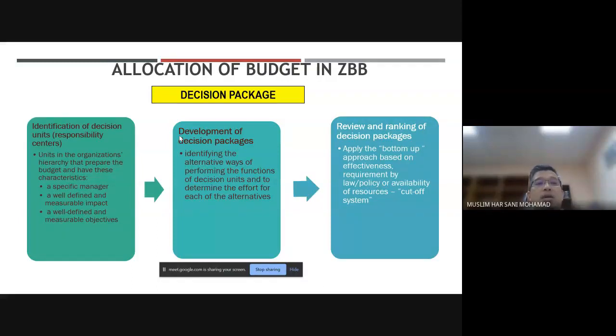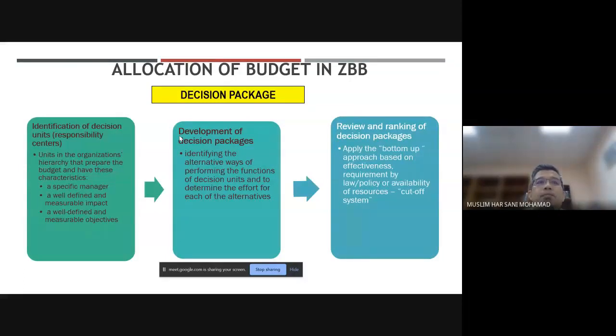These are units in the organization's hierarchy that prepare the budget and have a specific manager, a well-defined and measurable impact, and well-defined and measurable objectives. If you translate this to the current scenario, it's basically a government organization, a division, a unit.